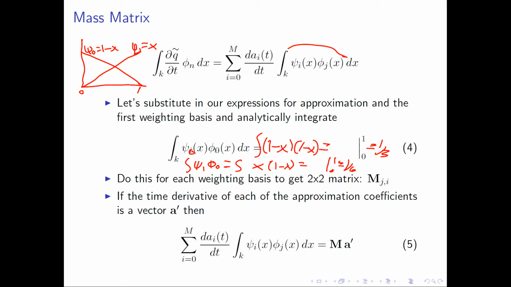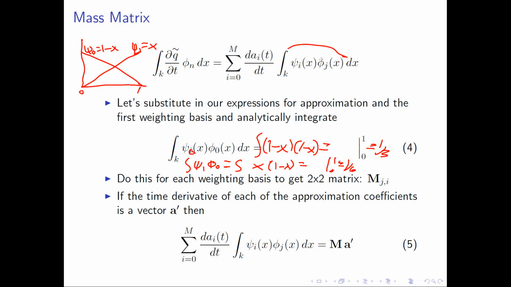So we've done this specifically for our 0 weighting basis, but we could also do it for our one weighting basis, but we can see because these functions are the same when they have the same subscript, essentially we just get mirror images. So clearly swapping these has no effect, and clearly swapping these has no effect, so that for our one basis for our weighting, we get similar values, but they're actually swapped.